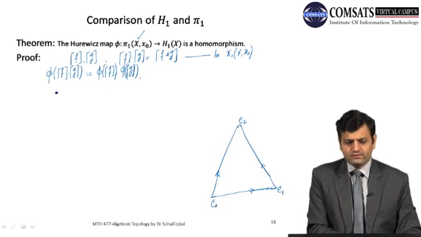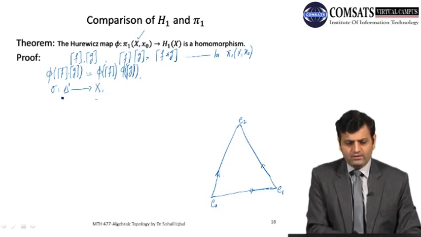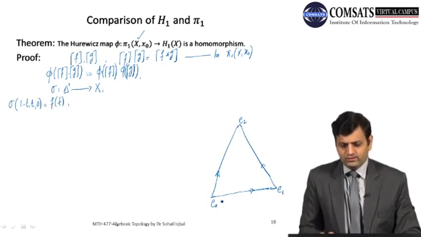Now sigma, let's call it sigma, is a 2-simplex from the standard 2-simplex to the space X. Now we can define sigma of 1 minus t, t, 0 to be equal to f of t. So basically it is this line.